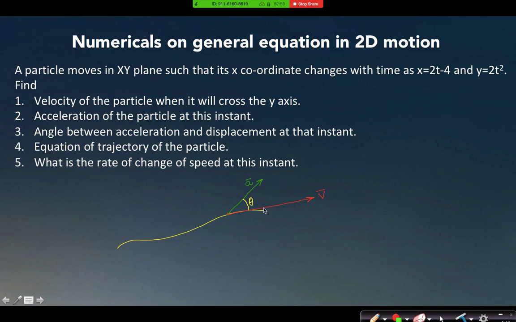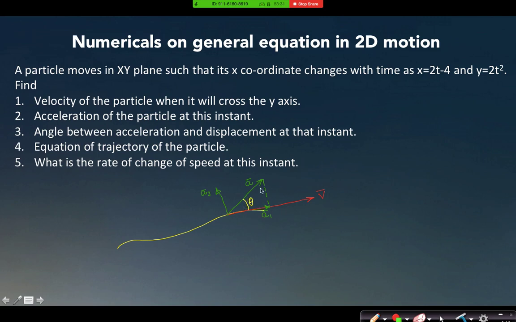Now try to understand, if I take the component of acceleration along two particular directions, one along the velocity vector and another perpendicular to the velocity vector. One component is along the velocity vector, a1, and another is perpendicular to it.